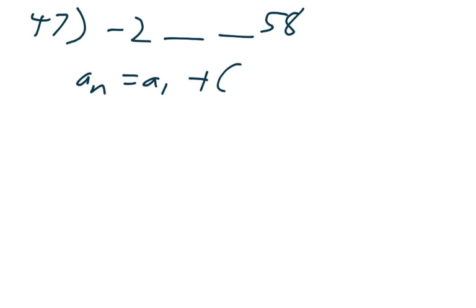Problem number 47, we need two arithmetic means in between -2 and 58. Since it said arithmetic, I'm using that formula. So 58 equals -2 plus, there's 4 of them.